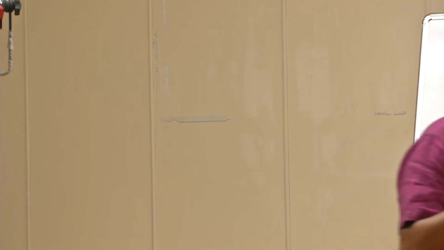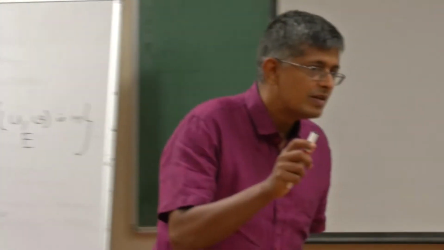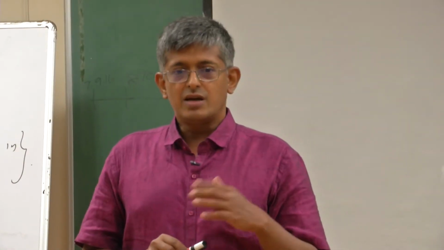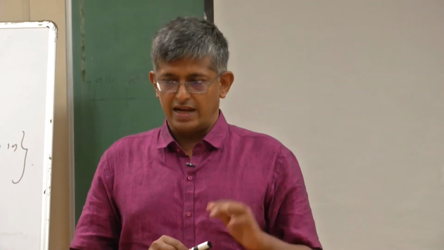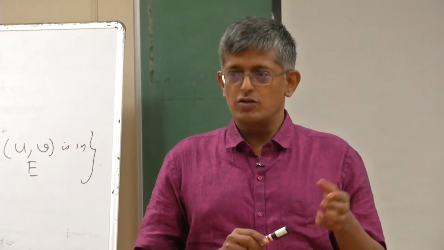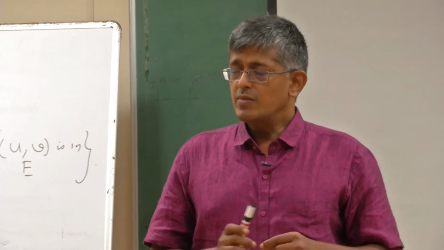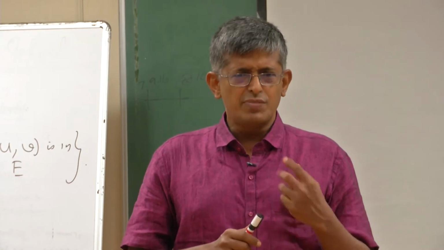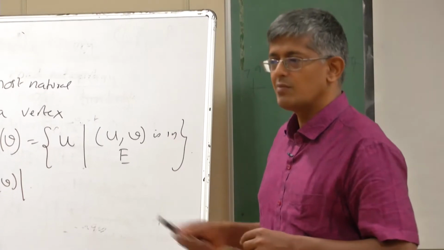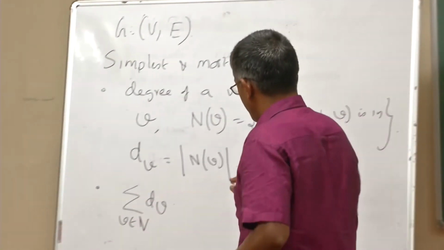Pardon? Okay, very good. So one question he asks is, is there a relationship between the number of edges and this term? That's correct. But I would say the most important or the simplest question that you can ask is what a second or third standard kid would ask: is this number odd or even?